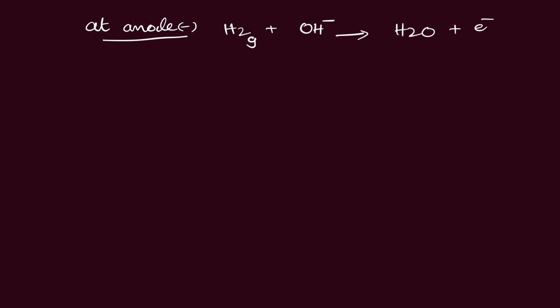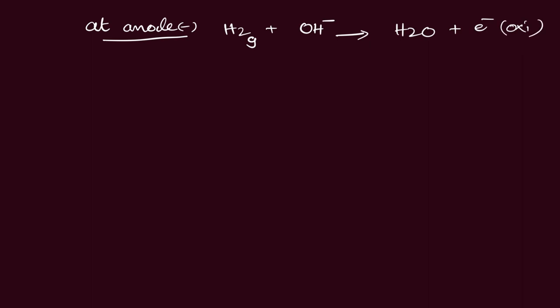First we discuss the anode reaction. The anode is the negative charge in the galvanic cell. What is passed at the anode, we know already, is hydrogen gas, and OH minus comes from the solution, which is concentrated NaOH or KOH. This is converted into H2O with loss of electrons, which is called oxidation. At the anode, which reaction takes place?